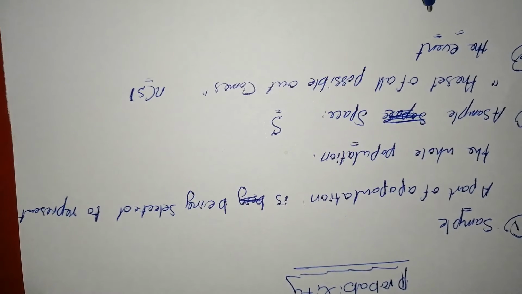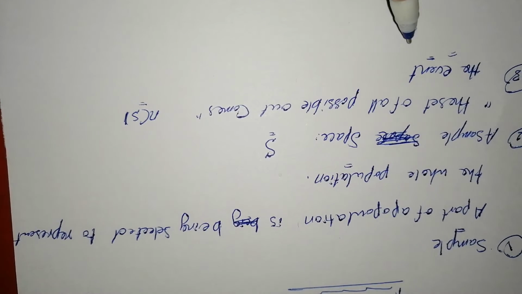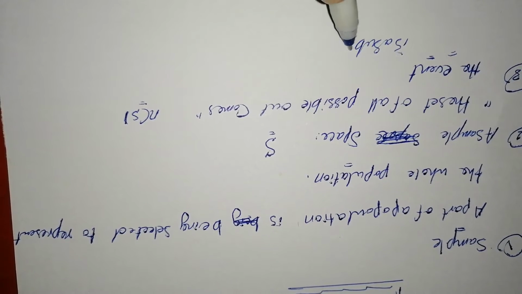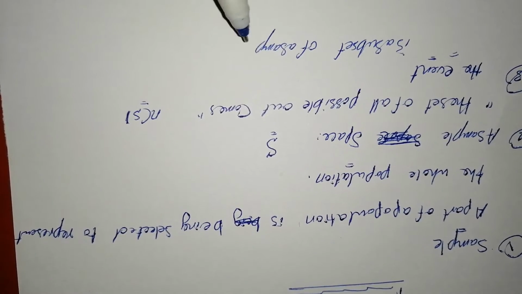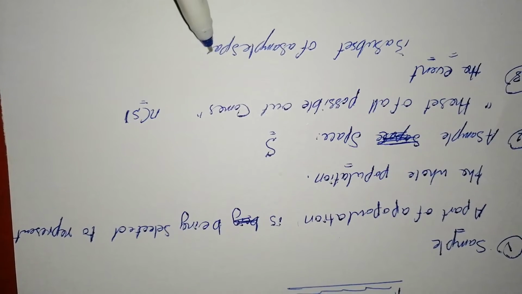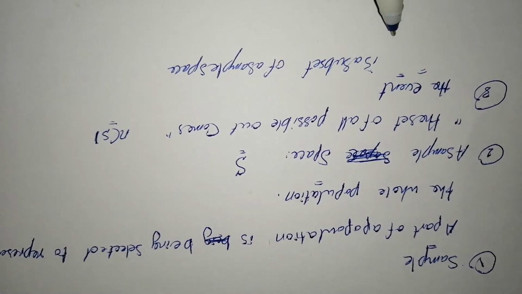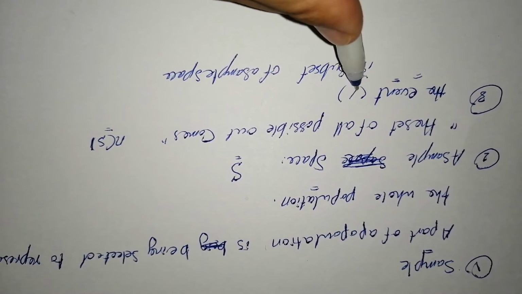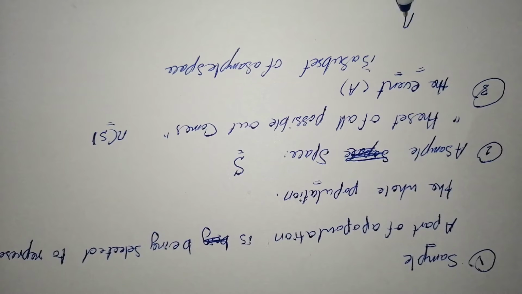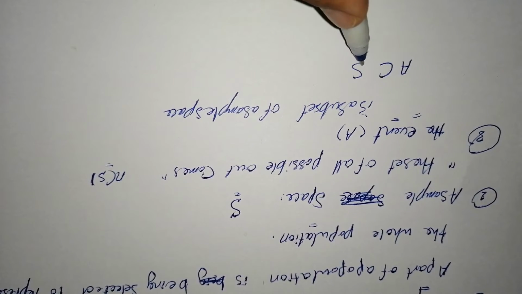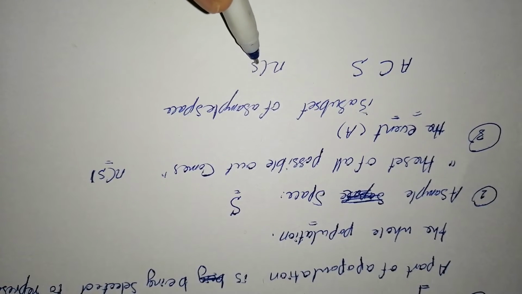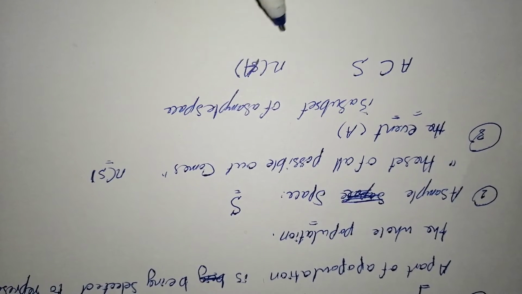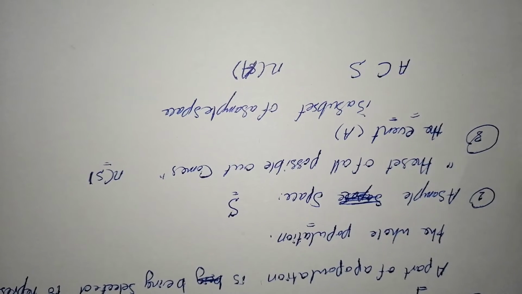The event is a subset of a sample space. So maybe an event which is named A, symbolized by A. So A is a subset from S, and the number of elements of A is denoted by n of A. n of A is the number of elements of the event A.